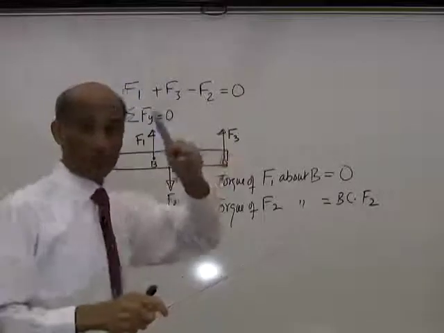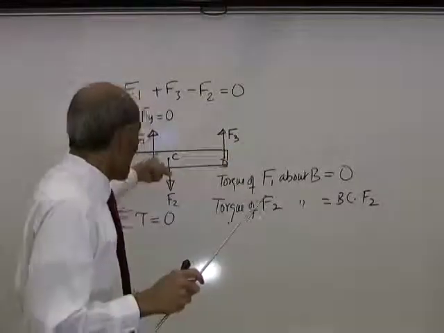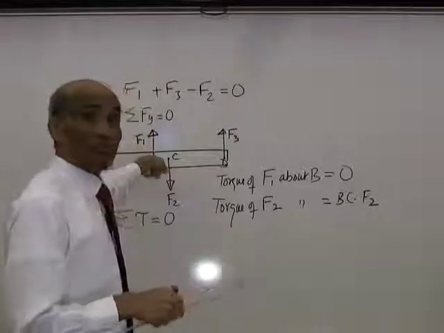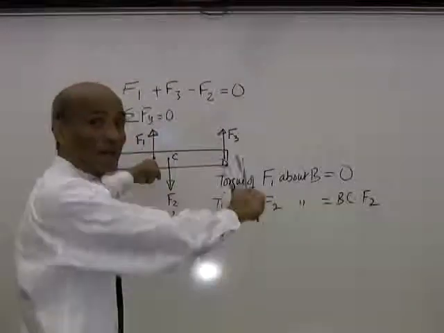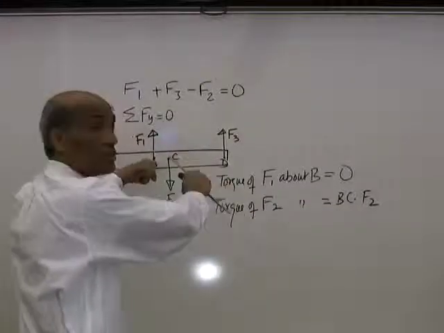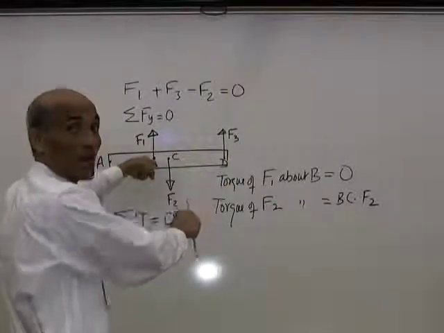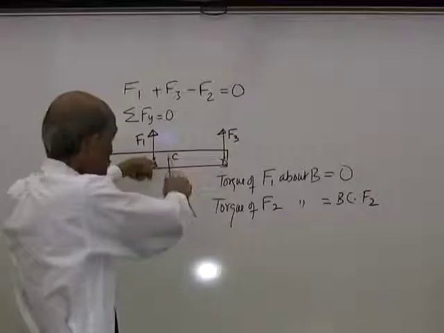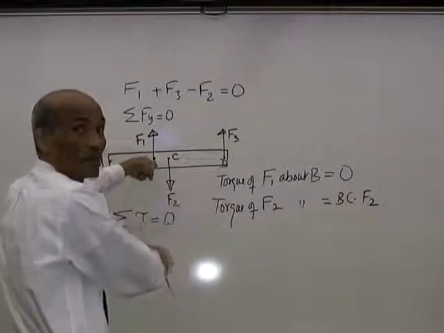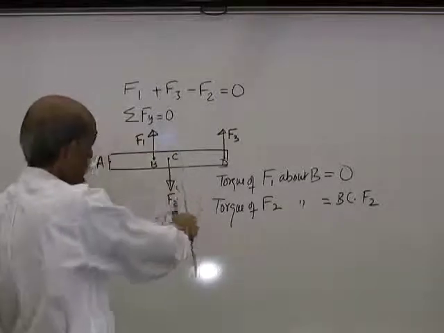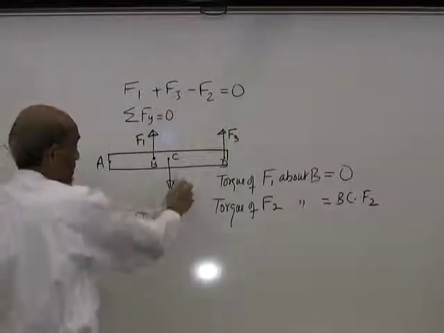now use your index finger and point at the axis. My axis passes through B, there I'm pointing. And then draw a circle using the force around that axis. F2, the torque of F2 about the point B. Look at this. What kind of a torque is it?